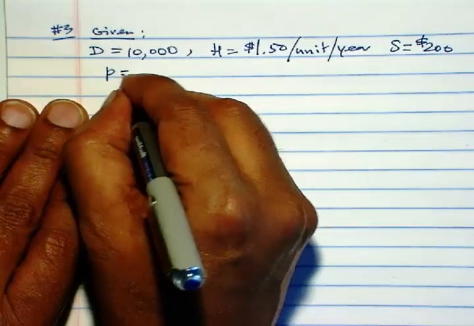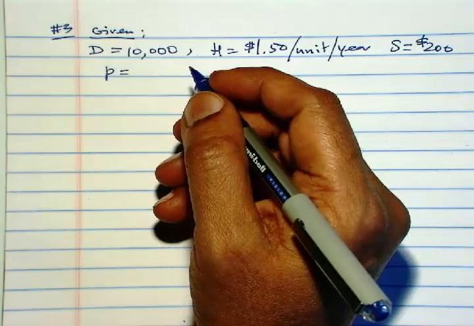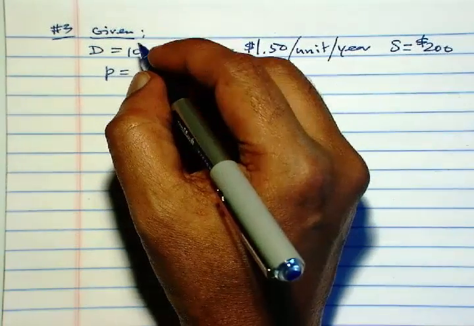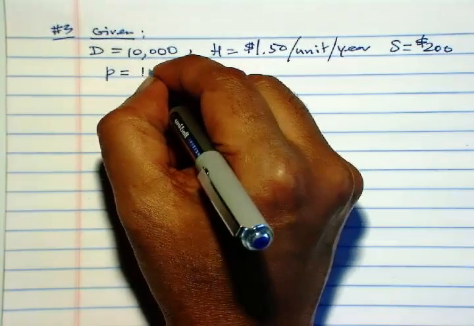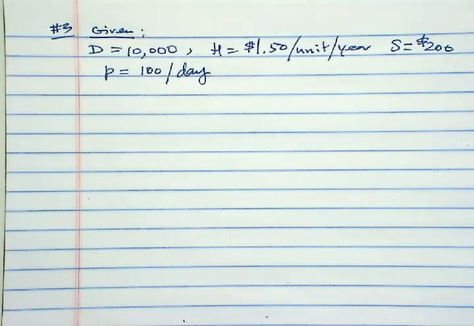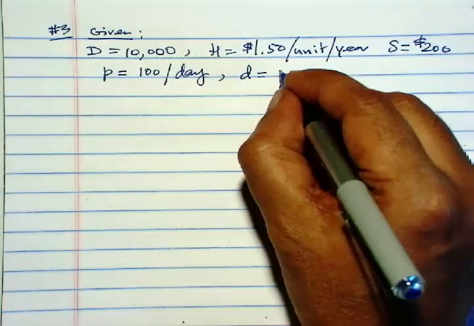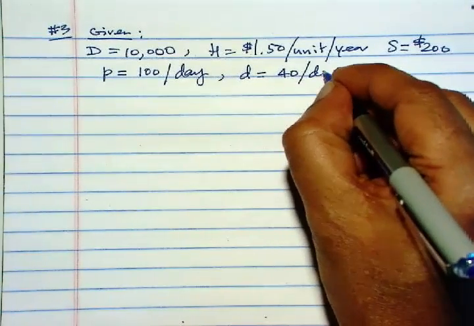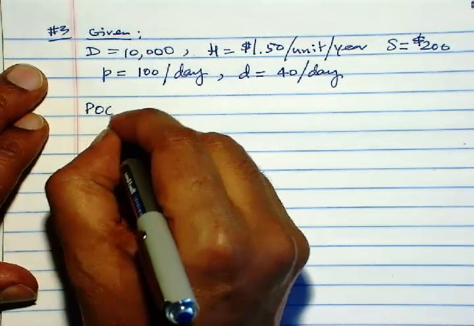And also given is production order quantity, or production rate is 100 per day. Okay. And demand rate is also given as 40 per day. Okay. So what is the production order quantity?